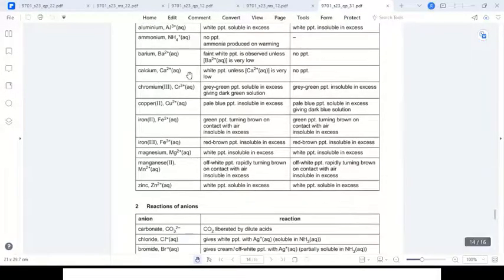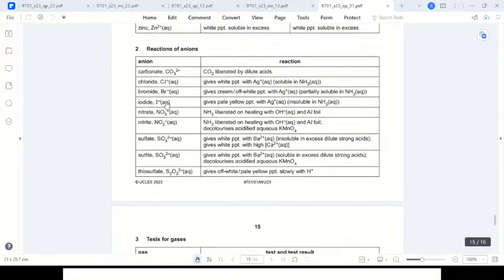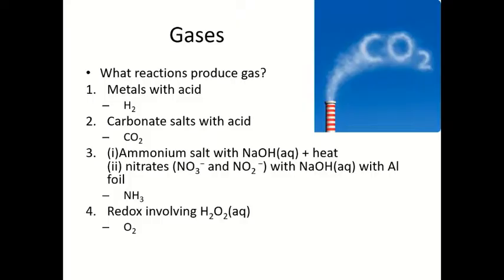Another one also in this table: nitrate or nitrite, ammonia is liberated on heating with sodium hydroxide solution and aluminium foil. So let's go back. If you are asked to add sodium hydroxide to an unknown solution, no precipitate is formed, you are supposed to warm the solution.